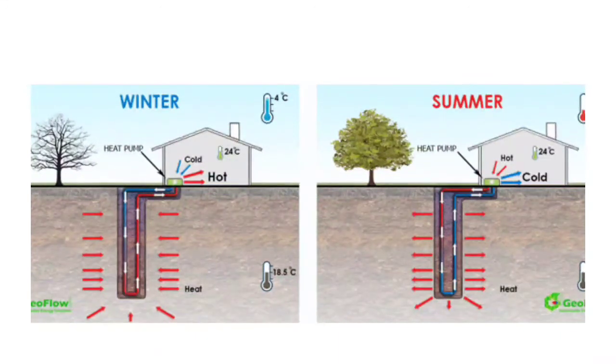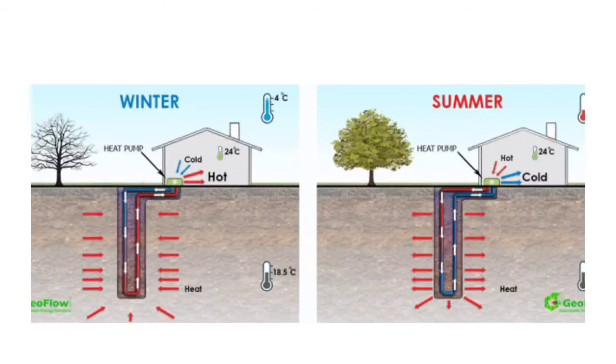So in summer, what happens is that the heat from the building is collected by the water, and it goes down the ground, and this heat will be passed to the surrounding soil, all right. When it is passing heat to the surrounding soil, the temperature of the heat exchange fluid goes down, which is basically cooler water, and it goes back to the heat pump.